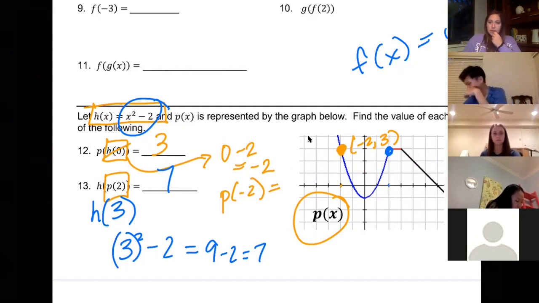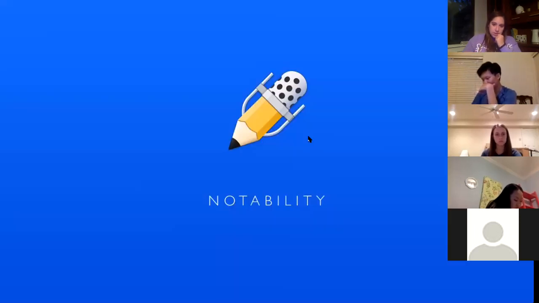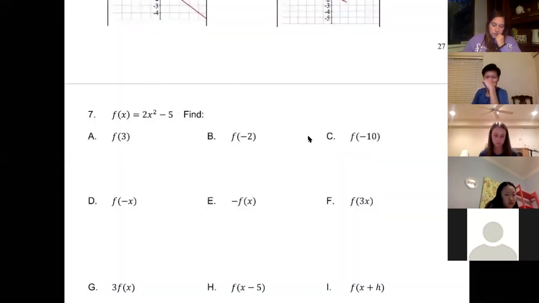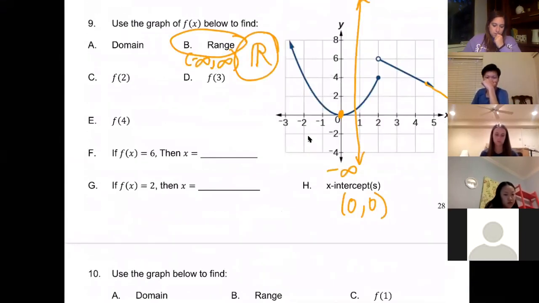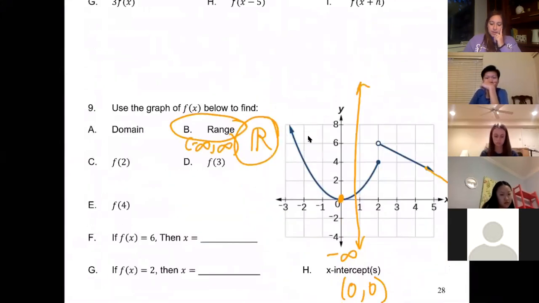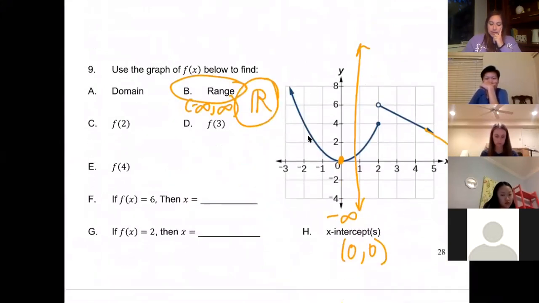On the review, how do you get 9b all real numbers? Oh, how did I get that? Because this arrow right here is pointing down. So imagine it went on forever. It's going down and to the right.